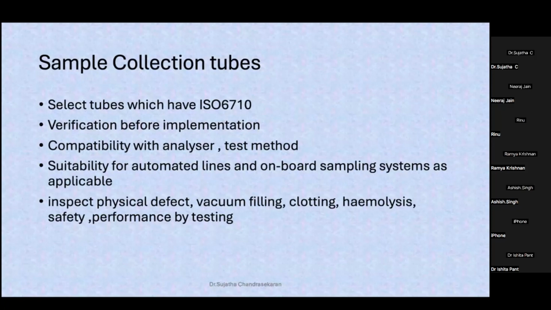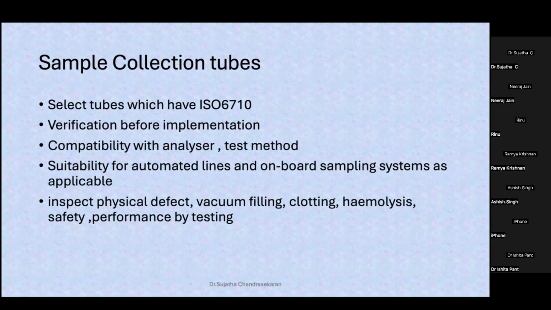And at the time of receiving also, the lab has to make sure that if the tubes do not have this, then they will not be accepted, or at least kept aside for a senior, more competent person to decide. Then suitability of these tubes on automated lines.